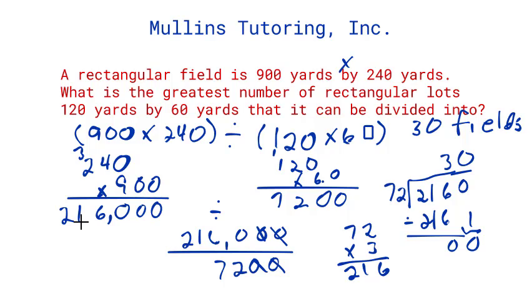We put the 216,000 in fraction form divided by the 7,200. Canceled the 2 zeros, because that's all we had in the denominator, and then we divided 2,160 by 72, which gave us the 30 fields.